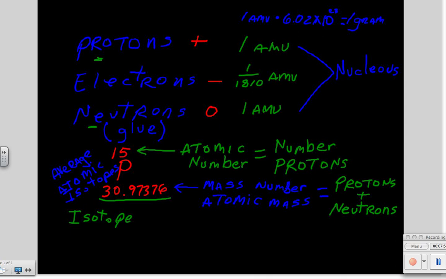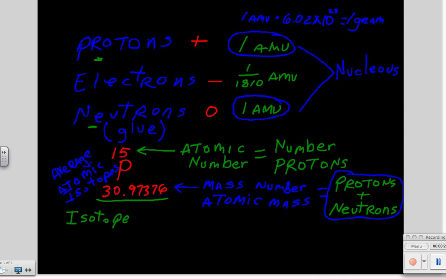That's why that number is a fractional number, because if you think about it, protons are one atomic mass unit, neutrons are one whole atomic mass unit, and I make the statement that protons and neutrons equal the atomic mass. How can I get this number with multiple decimals, 0.97376? Where is this coming from?